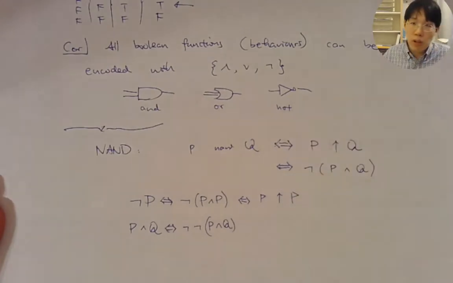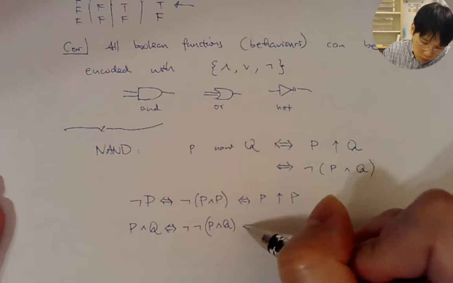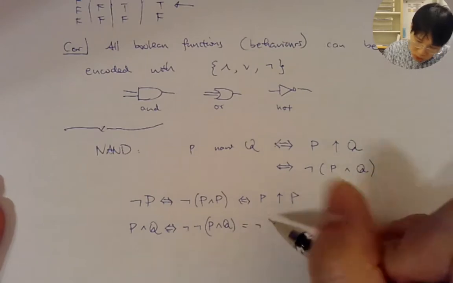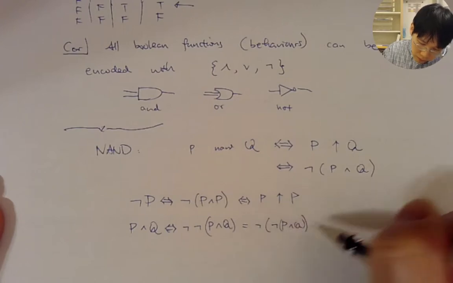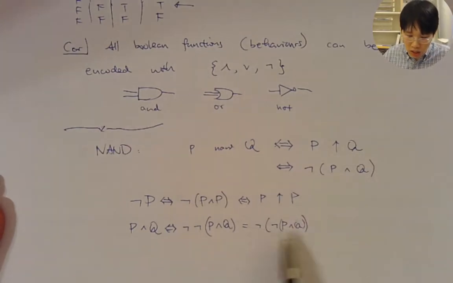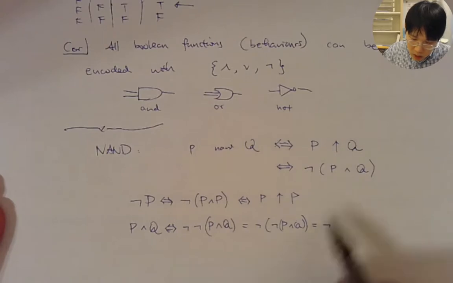Let me use double arrows everywhere. Okay, so double negation. Let me group this as that, and you see this is the negation of the negation of P and Q. Well, that's simply this thing. That's P NAND Q.